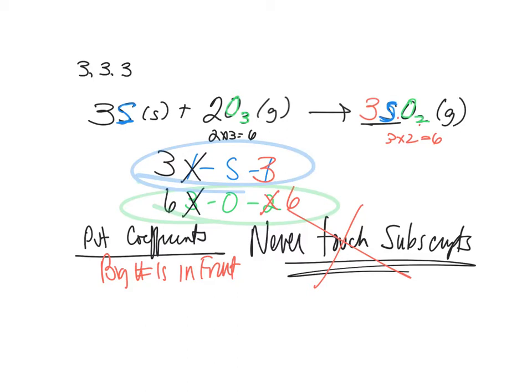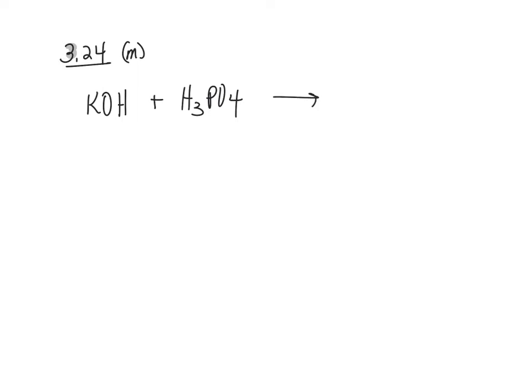Okay, so let's do something like 3.24 M. So KOH plus H3PO4, so that's phosphoric acid, and that produces K3PO4, potassium phosphate, and water.